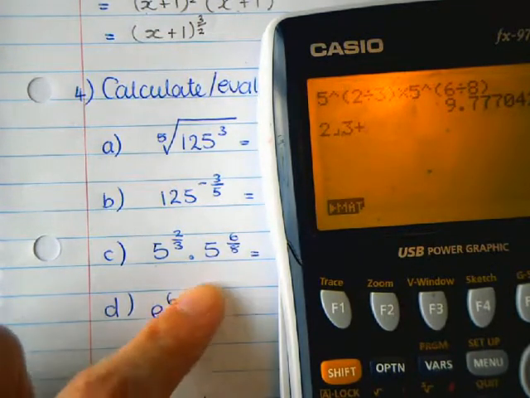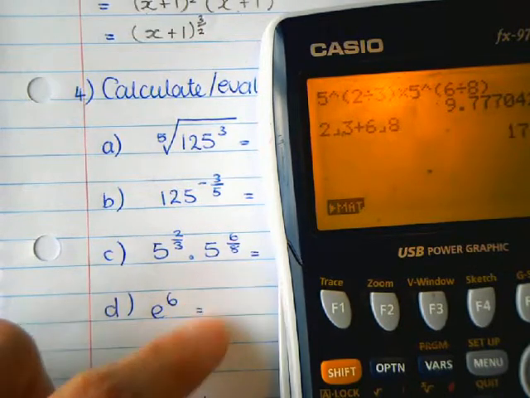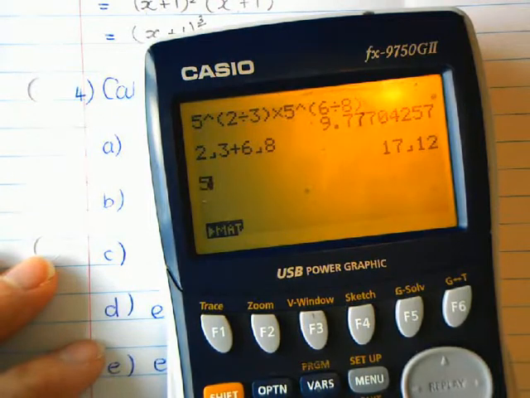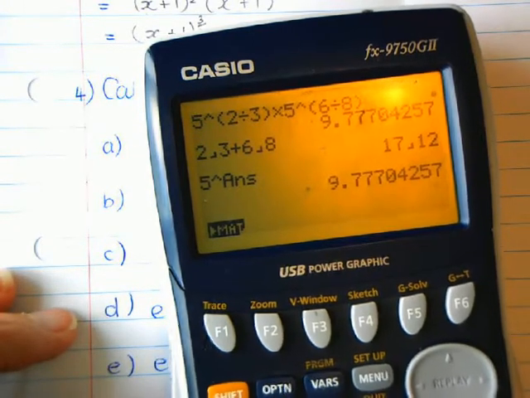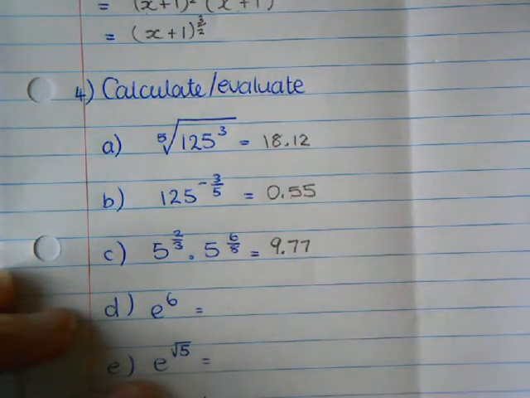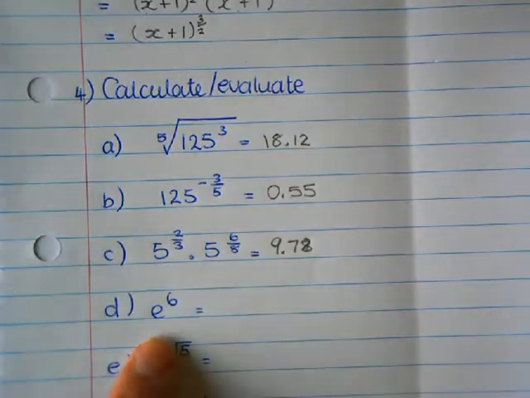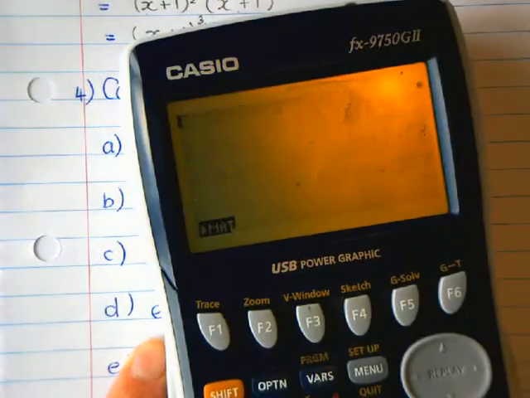But if you remember, you were allowed to add the powers, so you could do 2 over 3 plus 6 over 8, and you find that's 17 over 12. Okay, so 5 to the power of that answer equals same answer again, just a different way of doing it. Okay, so the answer is 9.78 to two decimal places.